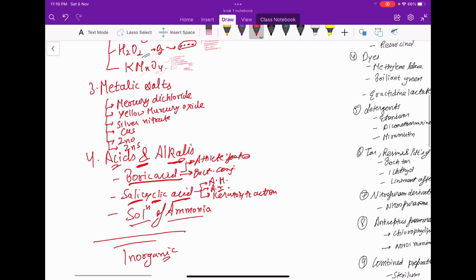What it means is that in big doses it removes the upper layer of the epidermis, and in low doses it has a keratoplastic action.